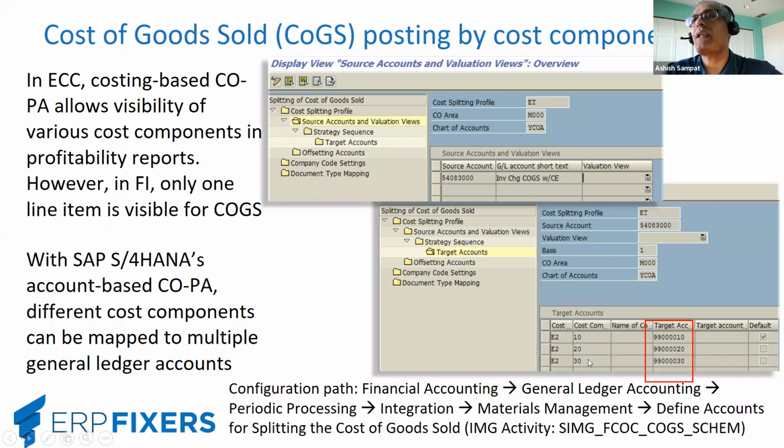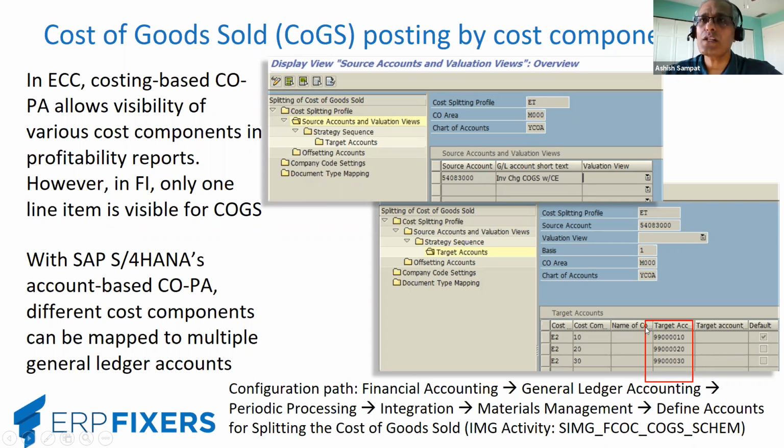So in this example, I have mapped 3 accounts to 3 cost components. For the cost component structure E2, it basically then identifies the cost component breakdown from the material master and then populates the data to those accounts.